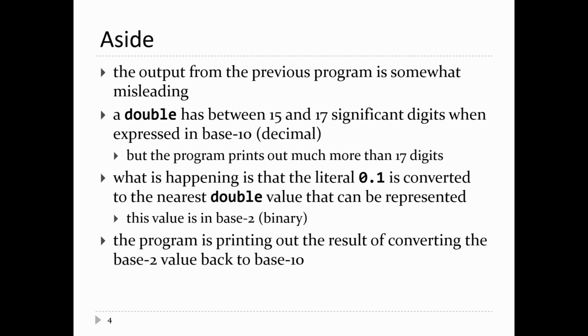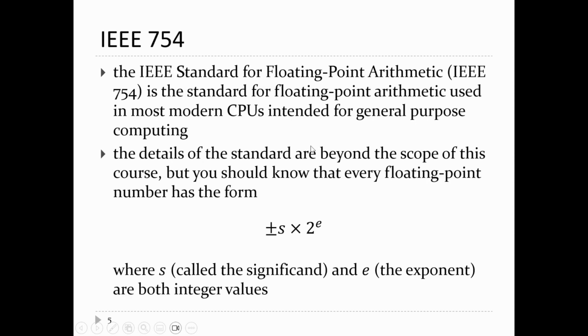Instead, it gets converted to the nearest double to 0.1, but its encoding happens in binary, because everything on your computer is binary. What this program is doing is taking the binary value and converting it back to base 10. And when you do that conversion, you can get more than 17 significant digits, but really, a double value only has somewhere between 15 and 17 significant digits.